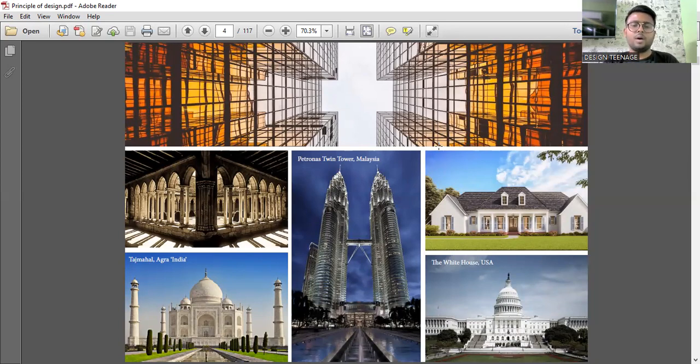If I talk about a mirror image in the White House, then the left hand side tree should have been similar to the right hand side tree. That is not possible, but since the structure has been made geometrically symmetric, it looks like a mirror image, but not exactly.